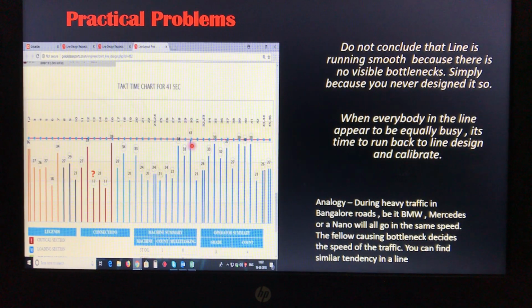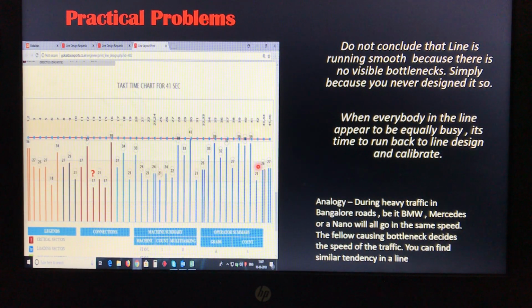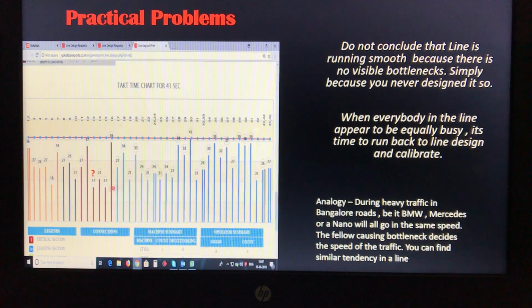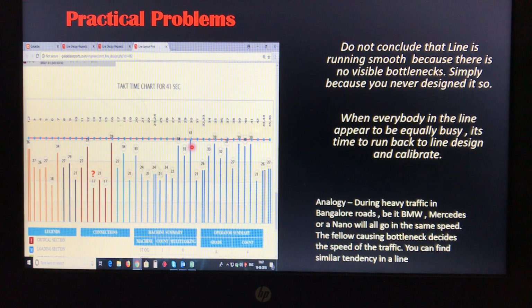But when you really walk through the line and look at the operators, you might see that everybody in the line has equal amount of work. You might see everybody in the line, be it this person or this person, they'll have equal WIP levels.